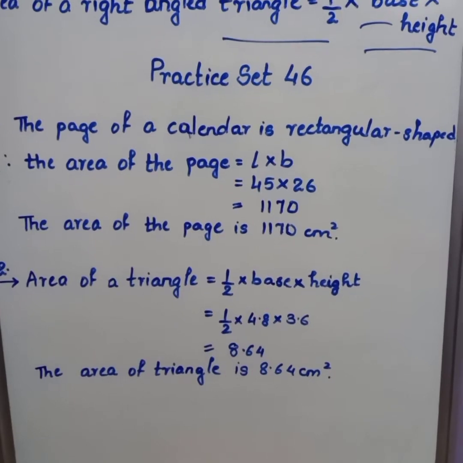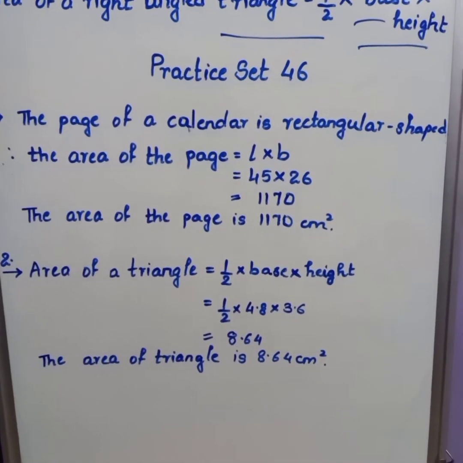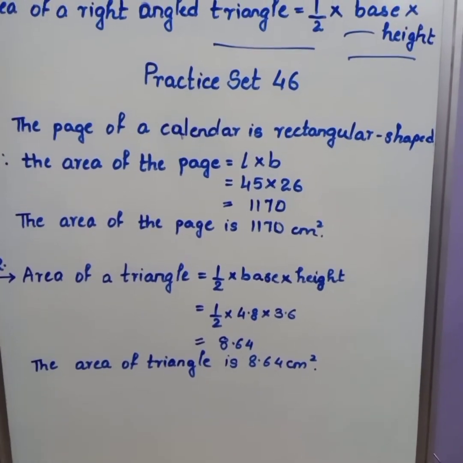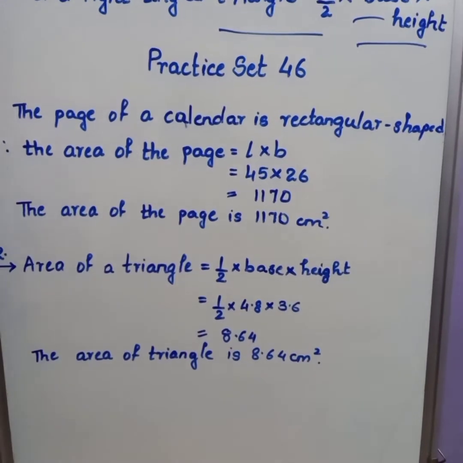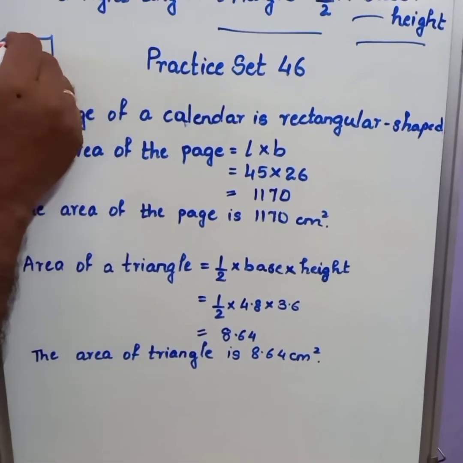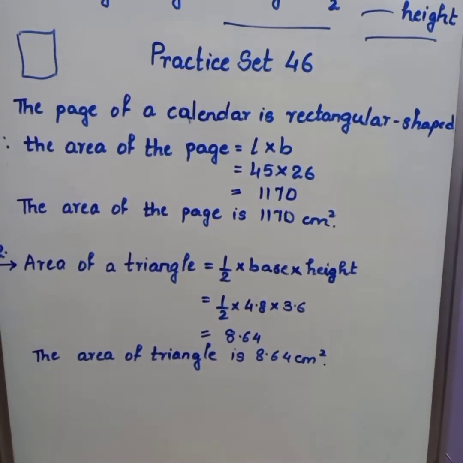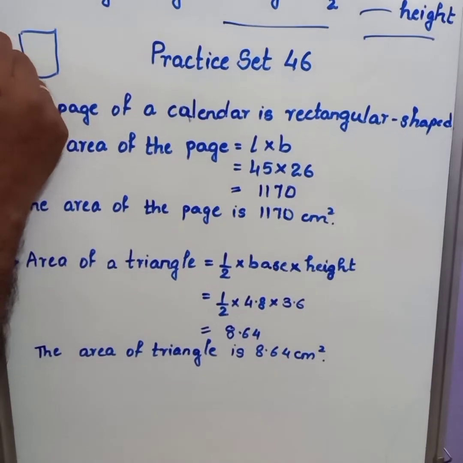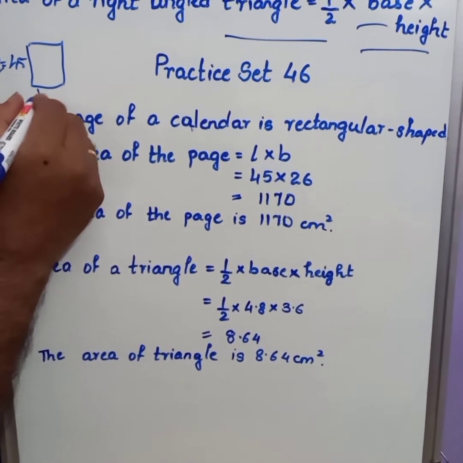The first sum: the length and the breadth of a page of a calendar is 45 centimeter and 26 centimeter respectively. What is its area? Length is 45 and breadth is 26.